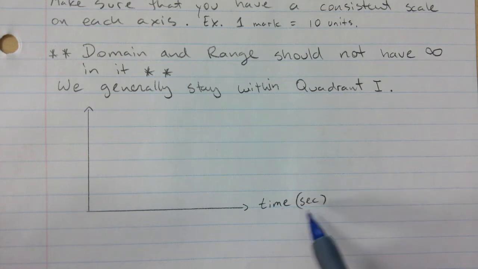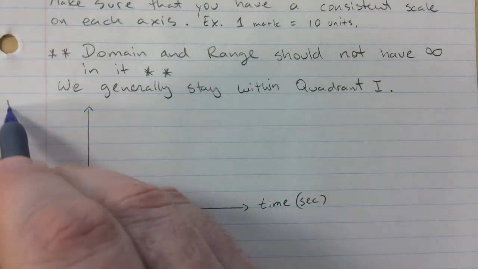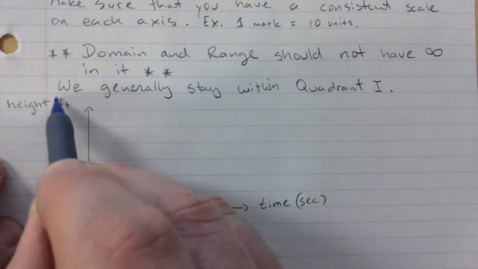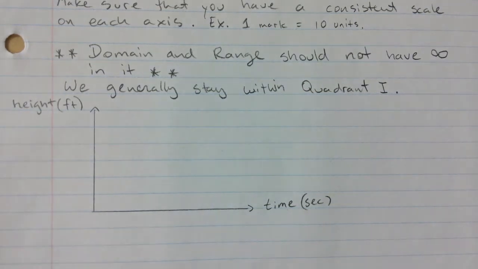Very important. You can't just put time, you have to put time and is it seconds, minutes, hours, whatever it is. And the y, let's say in this case it's height, and the units would be feet. So you have height in feet along the y, and you have time along the x.